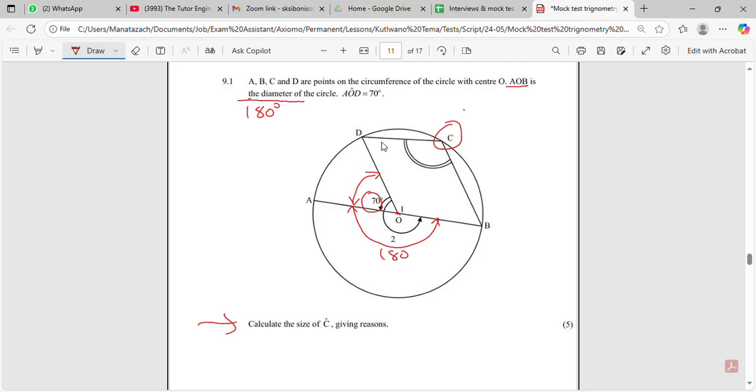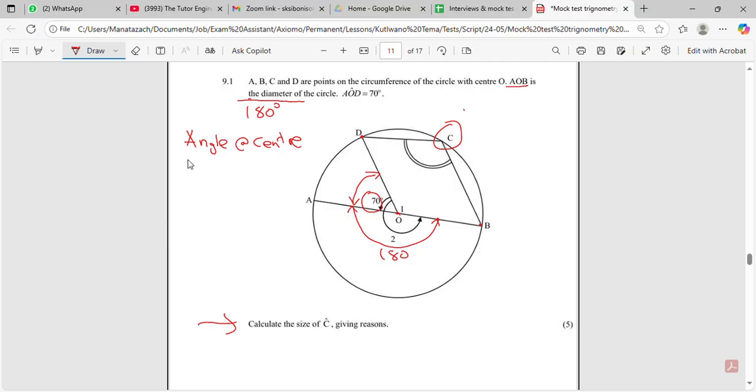So angle C, you can see it is formed by DO and OB. So the angle at the center, okay, let me just write down my notes here. So I'll say the angle at the center, that is on arc DB, right?